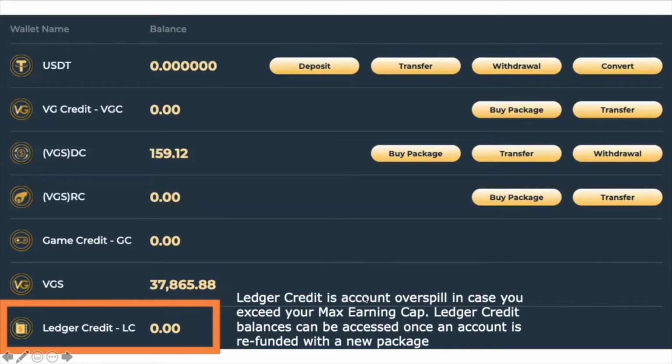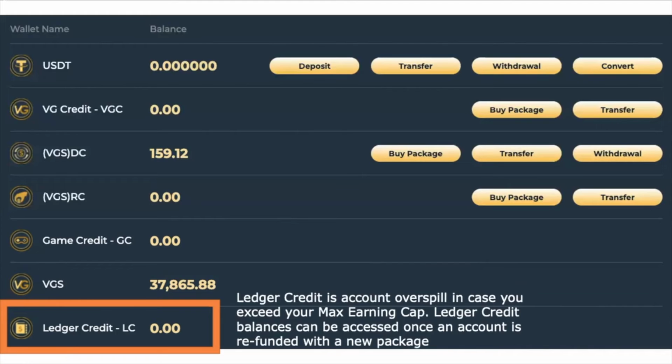Ledger credit. Ledger credit is an interesting one. Basically what it is, it's account overspill. With the example I just explained, let's say the individual hit their cap of 40,000, but they had some leftover. Let's say they had an extra $1,000. That extra $1,000 would be captured in the ledger credit wallet.